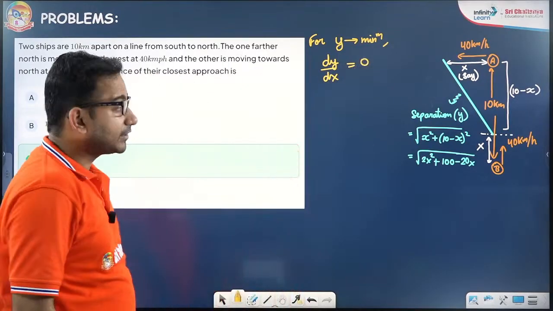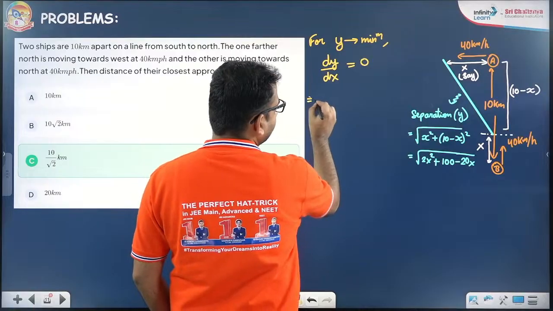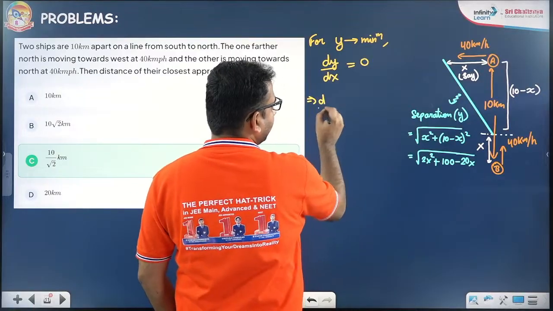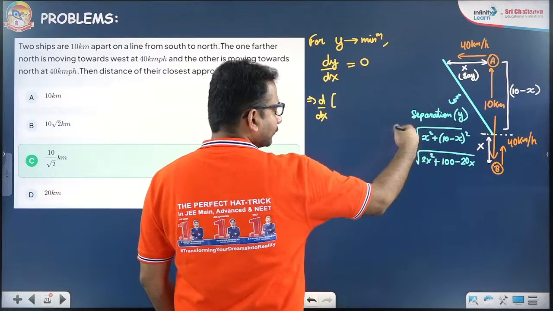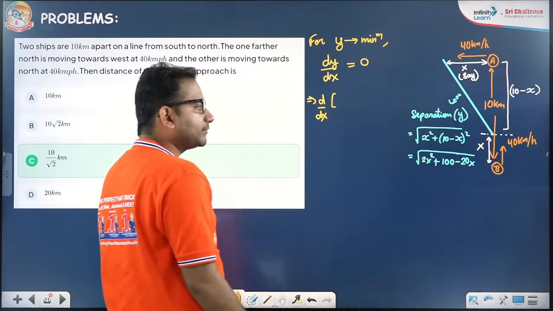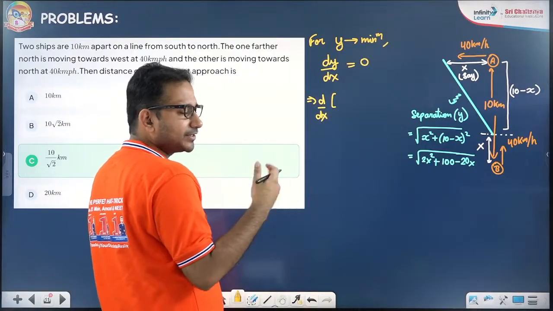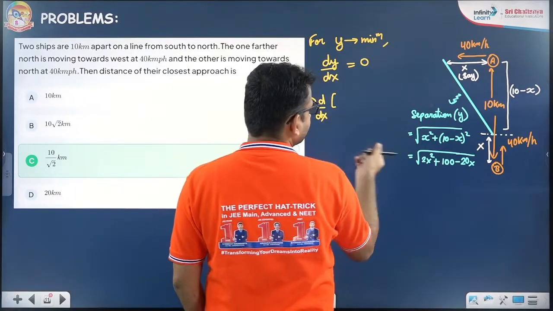Technique of maxima minima, dy by dx must be equal to 0. This implies d by dx of, can I say directly differentiate the inside term? Because if the inside term is minimum, its differentiation is 0, then its square root is also going to be minimum. So I want to minimize that.